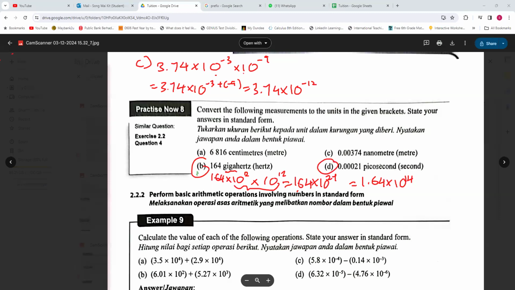All right. D is in terms of time. So can you give me the standard form for 0.00021? 2.1. Very good. 10 negative 4. 1, 2, 3, 4. Brilliant. I'm so proud that you said that. And now we're going to head into pico.